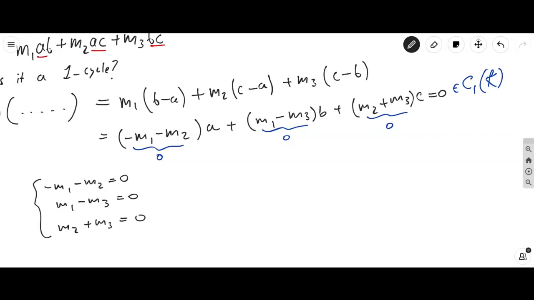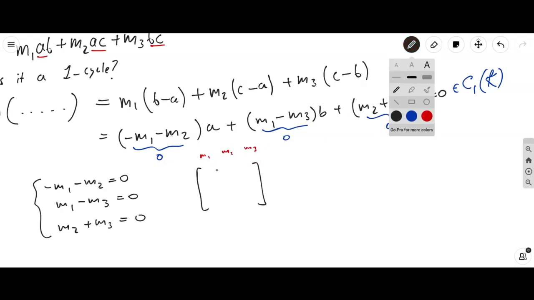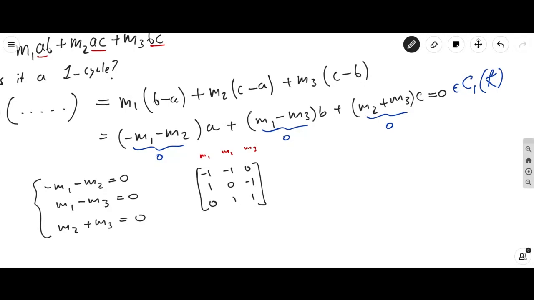It's up to you how you want to do it. Maybe we set it up in matrix form, with columns M1, M2, M3. The rows are -1, -1, 0; 1, 0, -1; and 0, 1, 1. And now you can ask Wolfram to row reduce that for you.